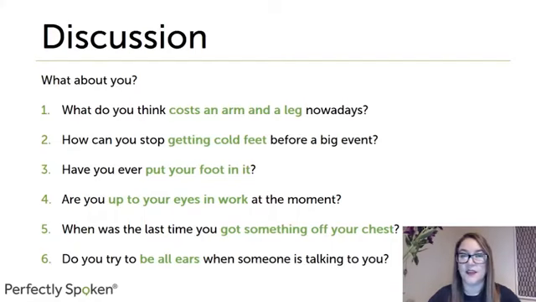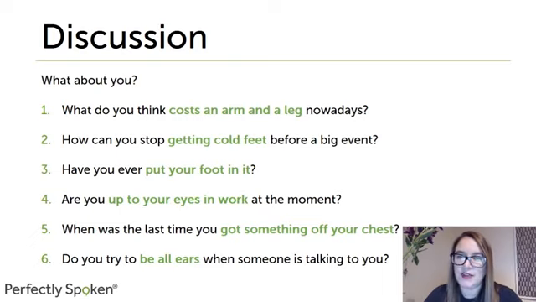Okay, so for the final part of the lesson, I'm going to ask you about you. And as I just said, it's very important with idiomatic expressions that you practice to understand how they're used. So I have some discussion questions for you that all use an idiomatic expression. Number 1. What do you think costs an arm and a leg nowadays? Number 2.